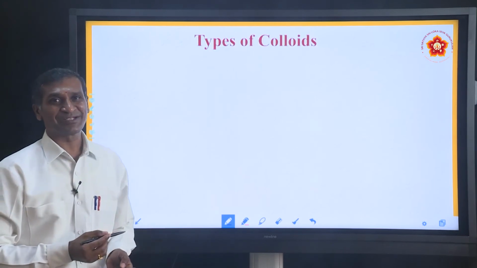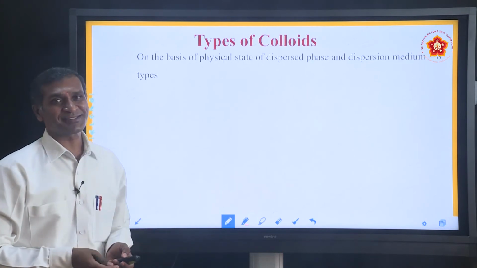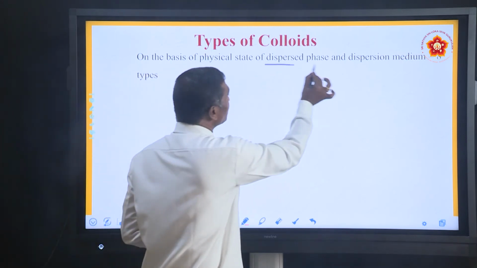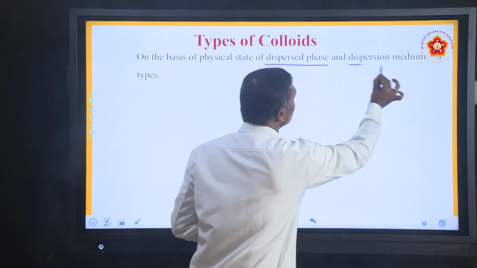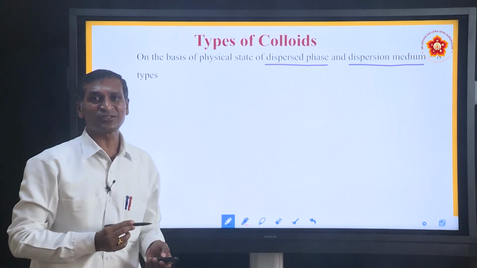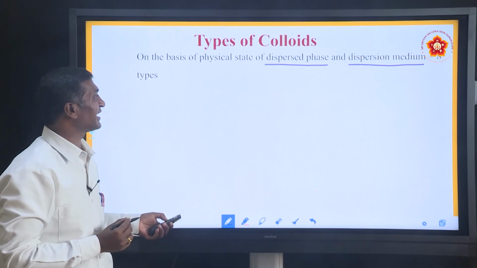Types of colloids. Dear students, the types of colloids on the basis of the physical state of the dispersed phase and dispersion medium, to our understanding of the 9th level, we have 8 types.